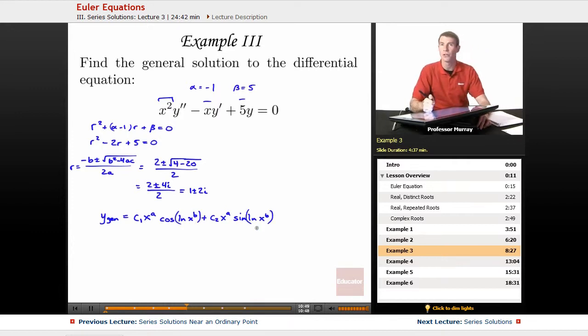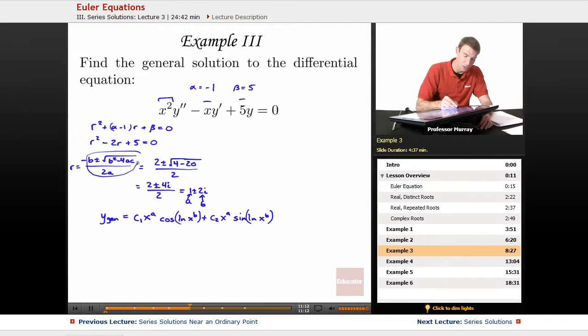You could also use your natural log rules and write this as b natural log x inside. That would be okay if you like that better. And the a and b here are not the a and b from the original equation, so be quite careful about that. The a and b come from the a plus or minus bi here, so it's not the same as the a's and b's that we used in the quadratic formula. Be very careful about that.